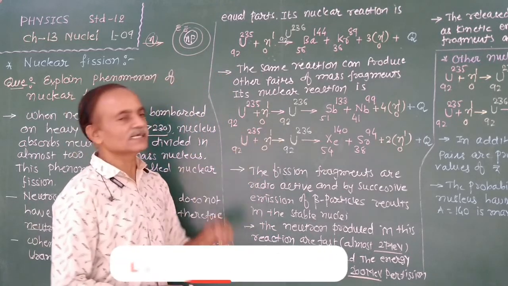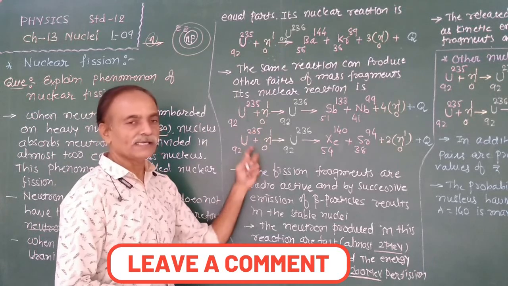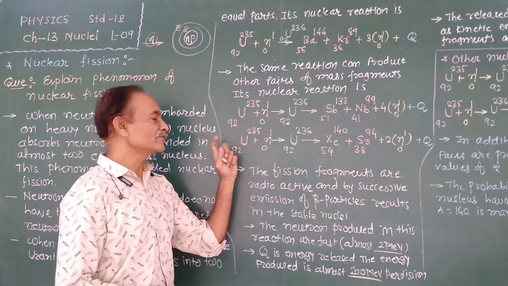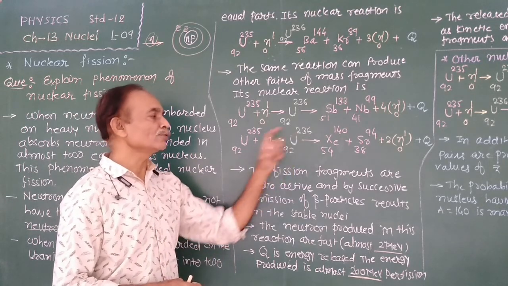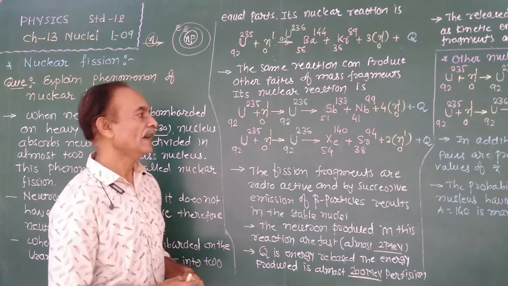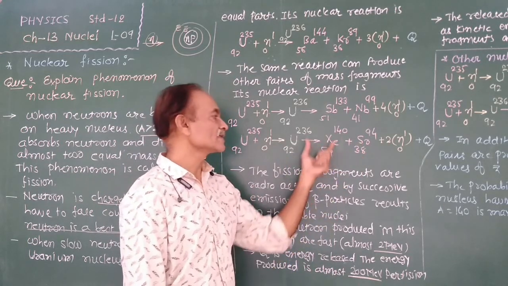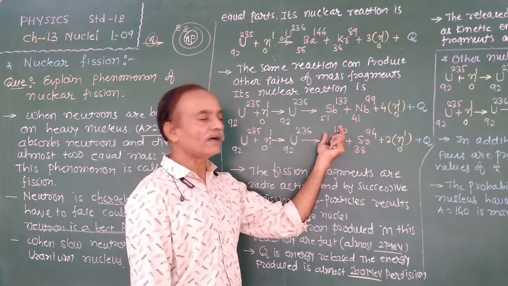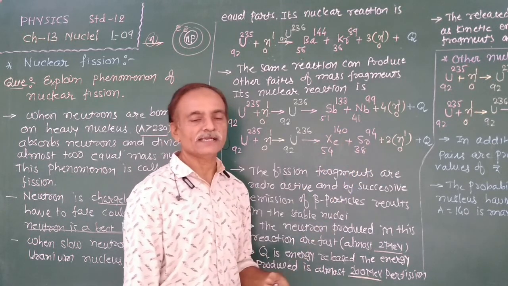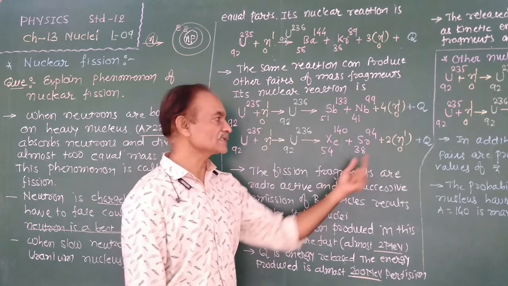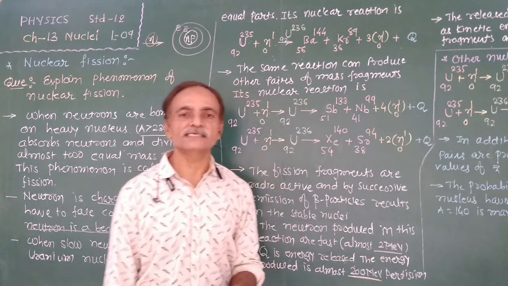Another possible reaction is uranium 92-235 bombarded by a neutron, which becomes unstable 92-236 and divides into xenon 54-140 plus strontium 38-94 plus 2 neutrons, plus Q amount of energy released.